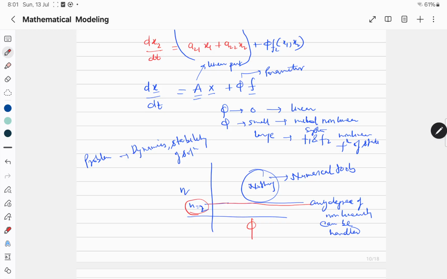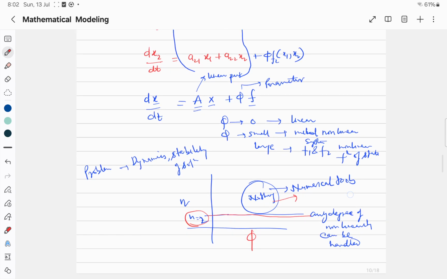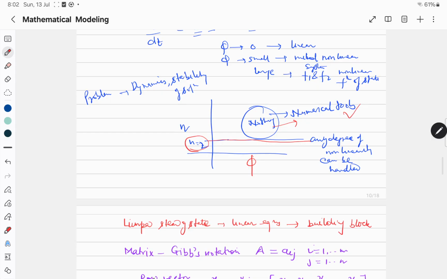Now if n is greater than 2, then you certainly have to use numerical tools. If n is equal to 2 or less than 2, you can handle any degree of non-linearity, meaning some analytical methods are available, but for greater than 2 there is no analytical method, you have to go for numerical tools, numerical methods.